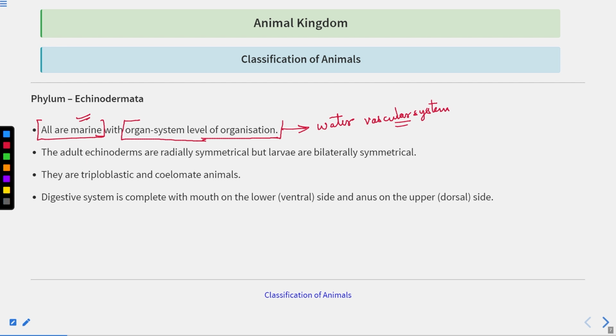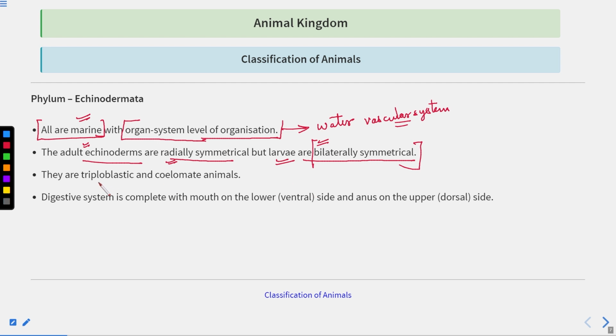The adult echinoderms are radially symmetrical, but larvae are bilaterally symmetrical. If we see the adult echinoderms, they are radially symmetrical. But when you see the larval stage of the echinoderms, they are bilaterally symmetrical. This is also a very unique point.